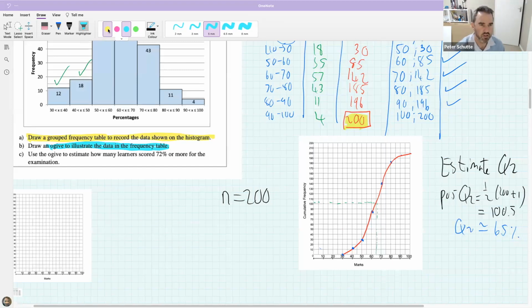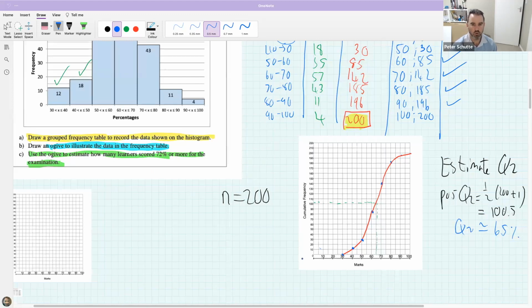Okay, so let's tackle question C. Use the ogive to estimate how many learners scored 72% or more for the examination. So where should I go and look for this? Let me go and find 72% first.